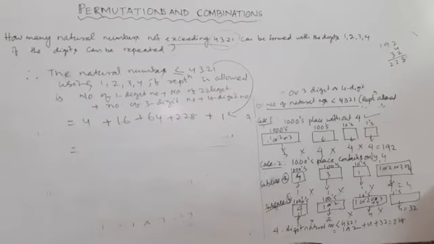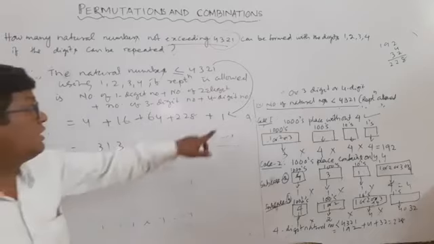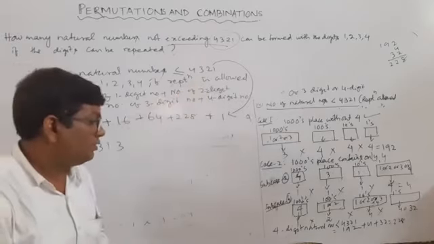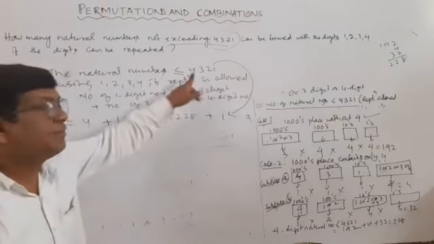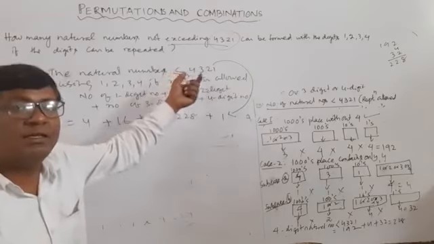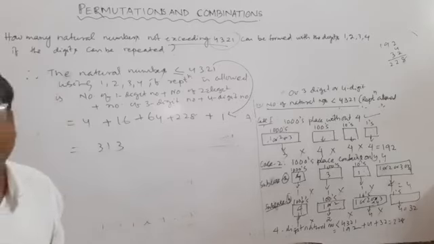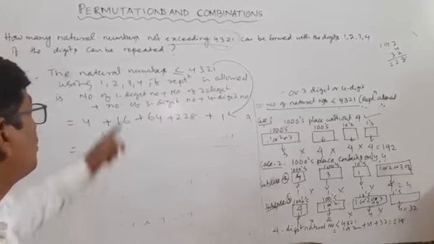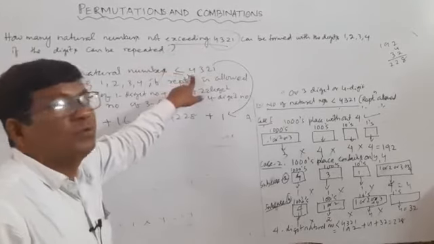This 1 is added because the number 4321 is itself included. It is equal. So not exceeding means less than or equal. So this will be 312.